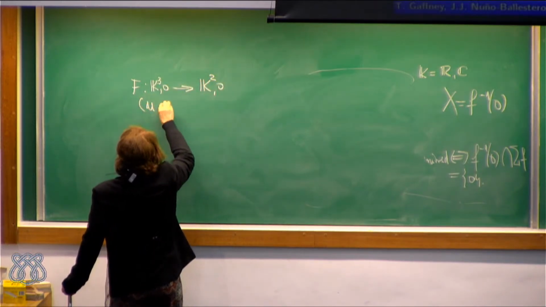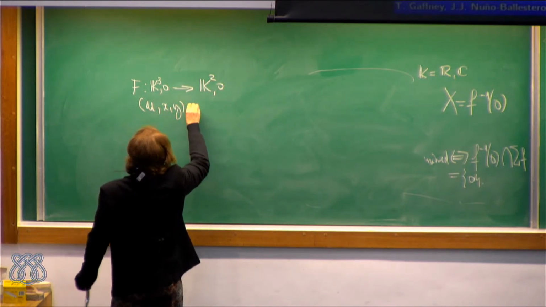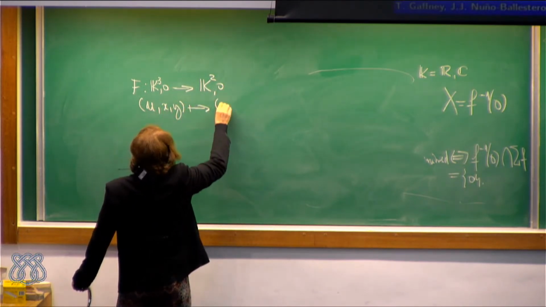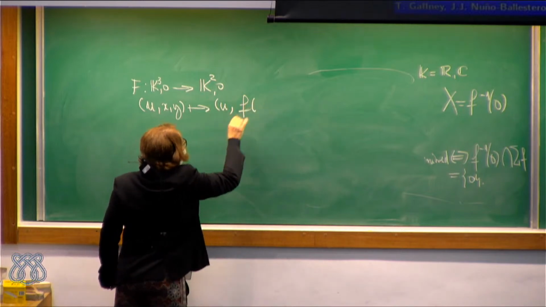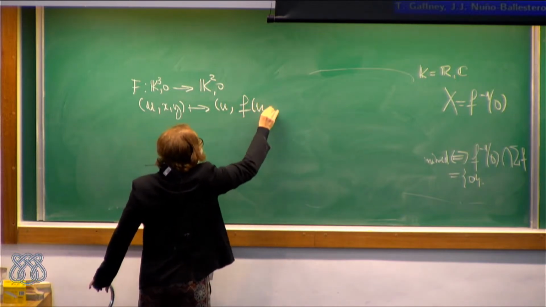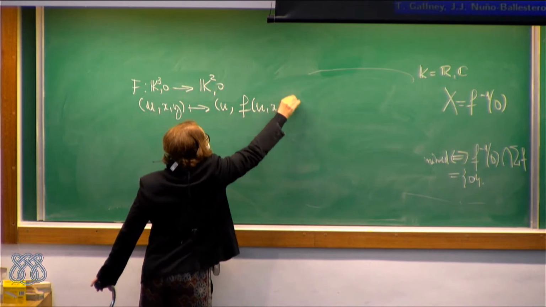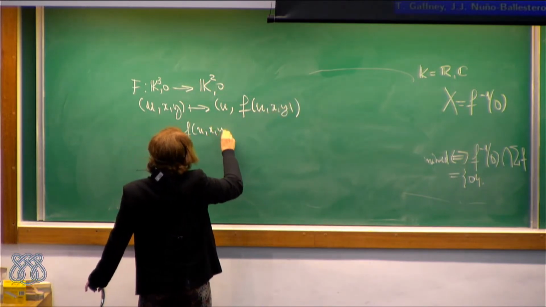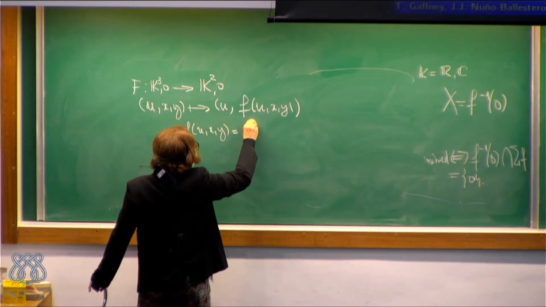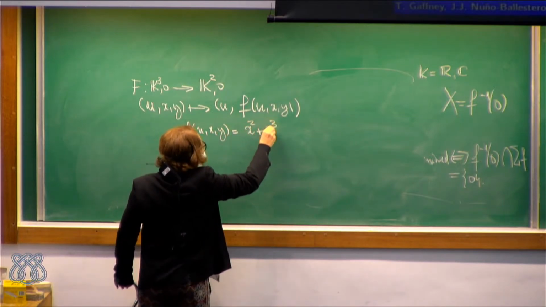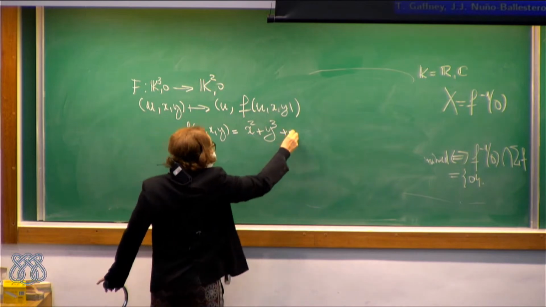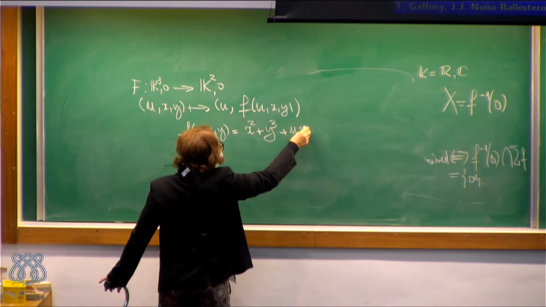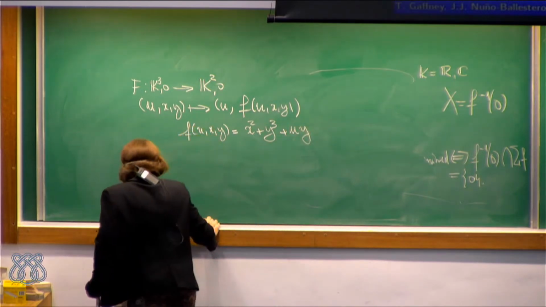I write F(u, x, y), where F(u, x, y) is x squared plus y cubed plus u y.